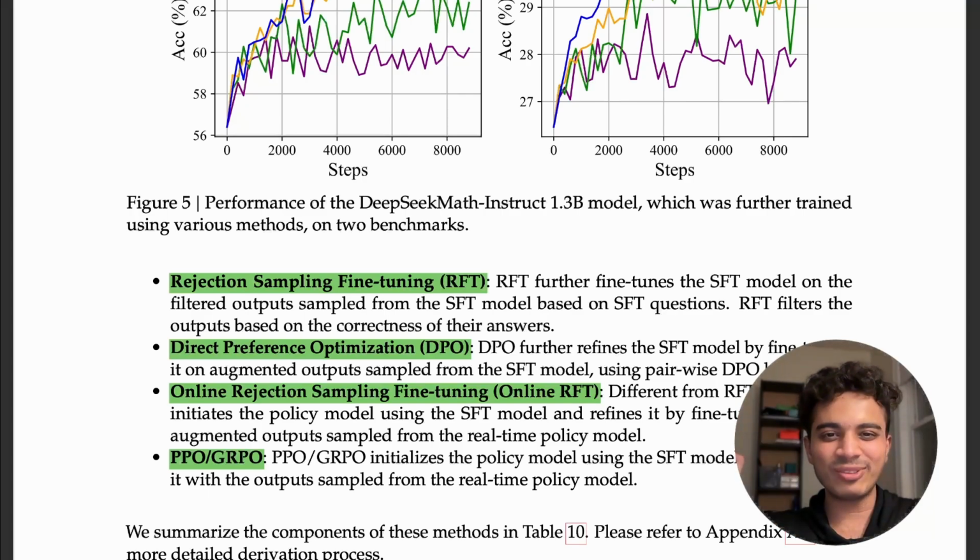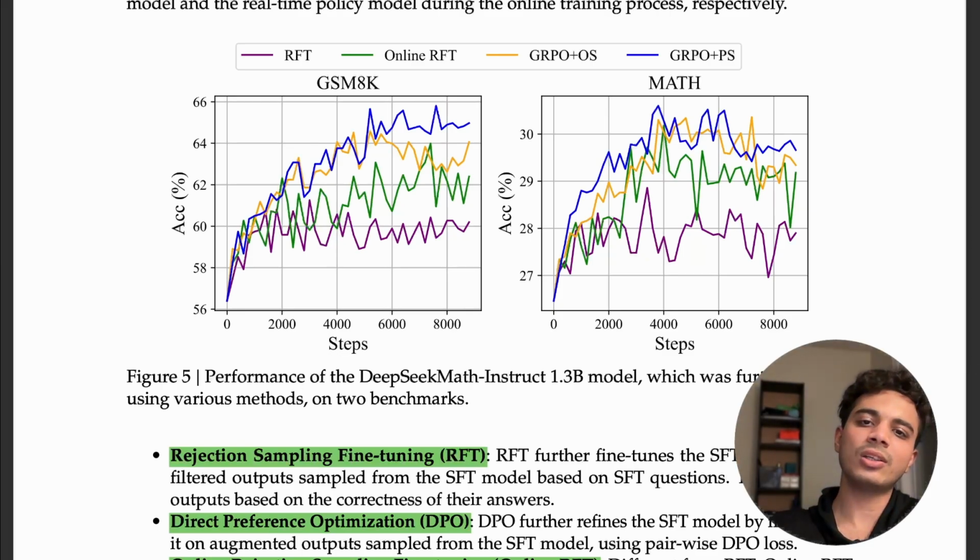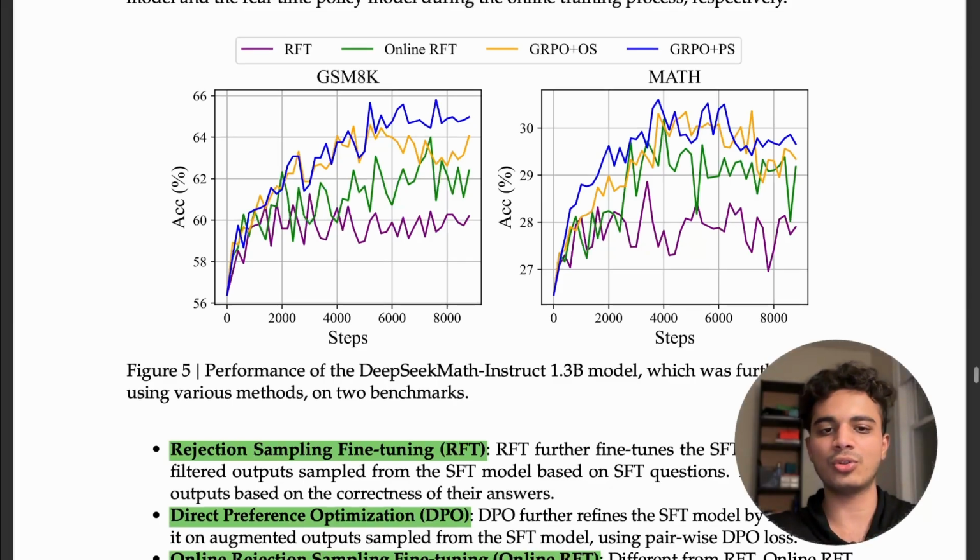A very basic difference, but it makes a very significant jump, and the two are very significantly different in terms of accuracy. You see, RFT is very low and online RFT is always really high. Initially they perform in a similar fashion, but in the limit you will see that online RFT works better. What is online and offline? We'll talk about that soon. They have mentioned it, but it's very common knowledge in reinforcement learning, so you should know it.